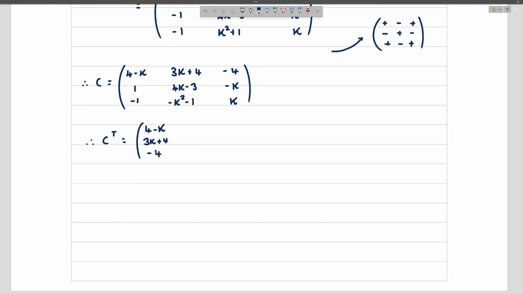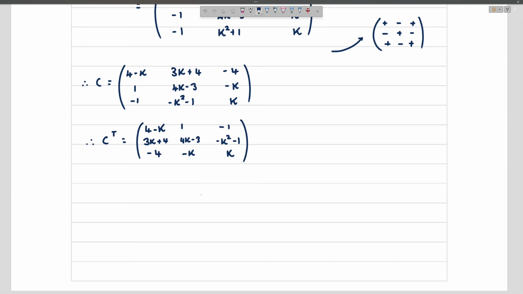The second row becomes the second column. So I get 1, 4k minus 3, and then finally minus k. And now the final row becomes the final column. So I get minus 1, then minus k squared minus 1, and then finally k in the bottom right corner, like so.